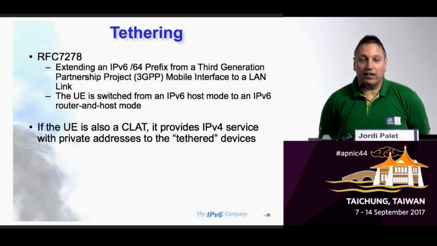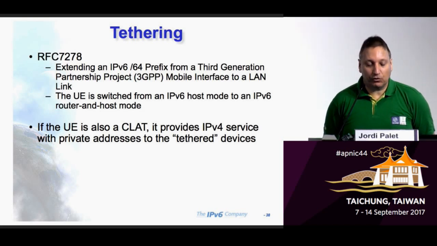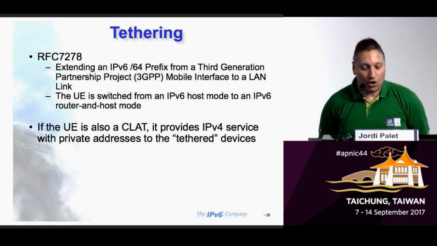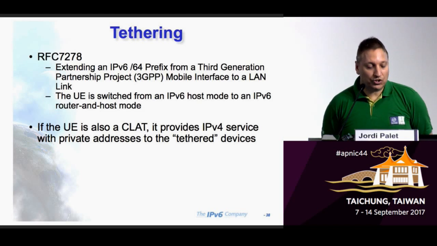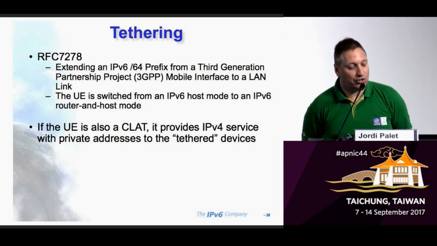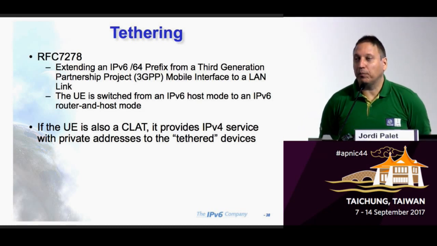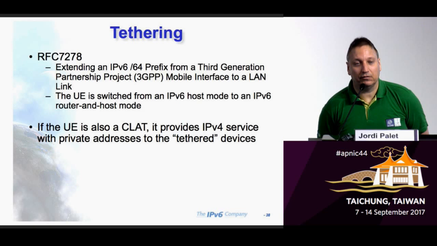Basically, it switches the user equipment to behave, instead of just as an IPv6 host, as a hybrid IPv6 host and router, okay? So the cellular phone also becomes an IPv6 router, so easy.